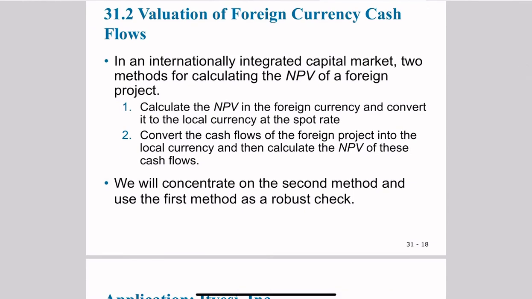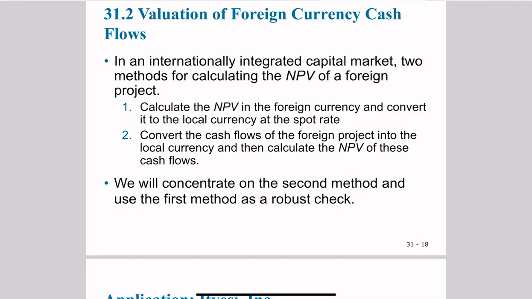We have discussed this. There are two ways of calculating the NPV of a foreign project. The first is you will calculate the NPV in the foreign currency and then do the conversion. The second is you will first do the conversion by converting the cash flow into the local currency, and then you will do the NPV calculation, right? And then we'll focus on the second method, and we will just use the first method as a robustness check.